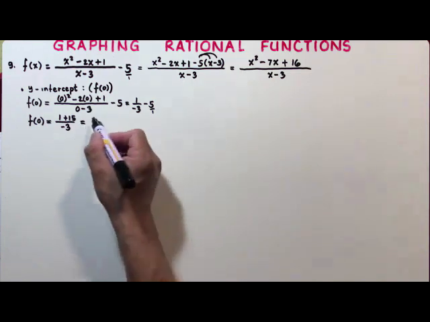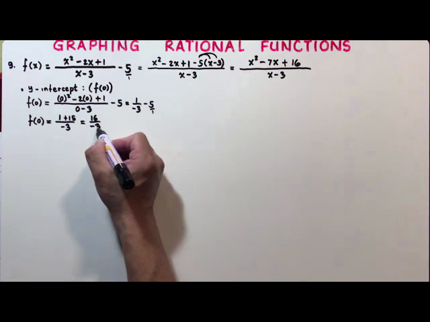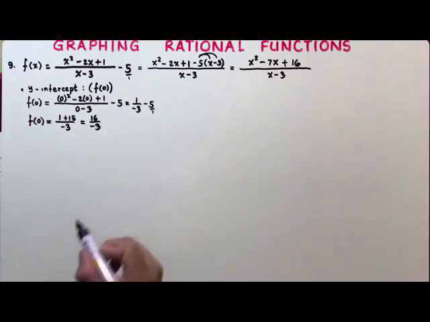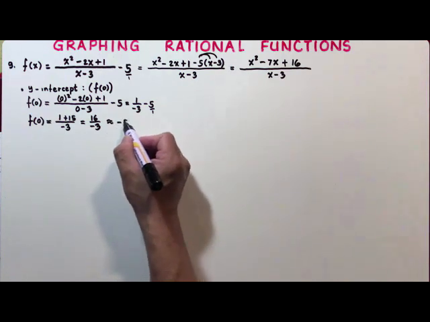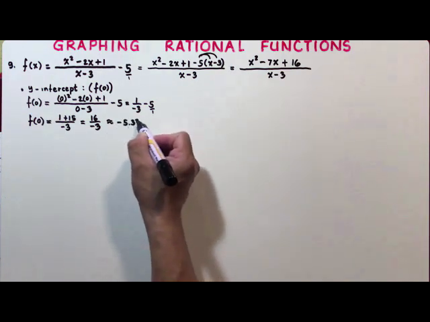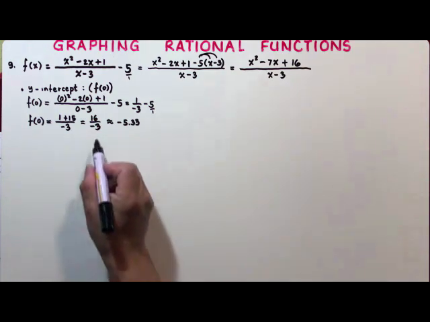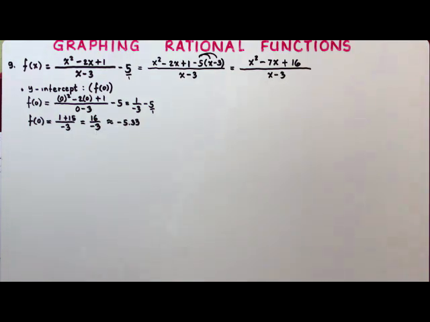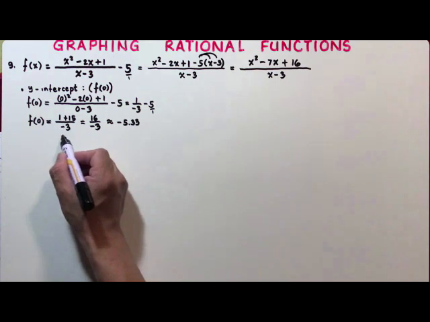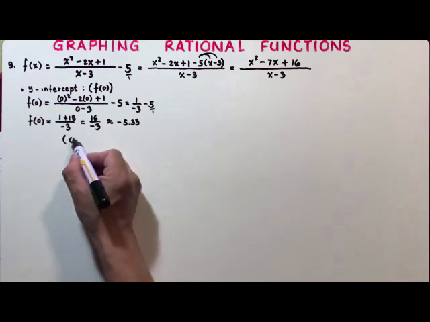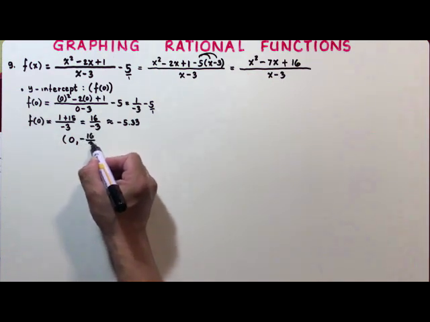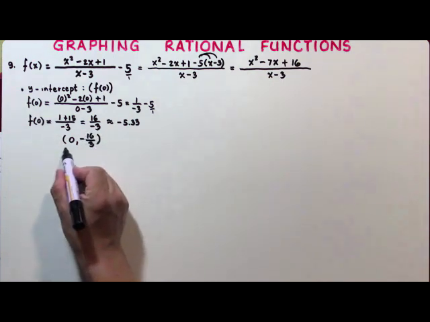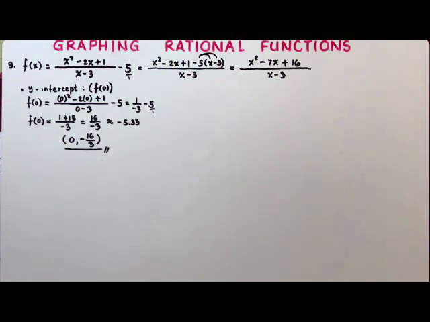So 1 plus 15 is 16, divided by negative 3. And if you have your calculator, this is approximately equal to negative 5.33, because this is negative 5 and 1/3. So our y-intercept is the point (0, -16/3). So this is our y-intercept.